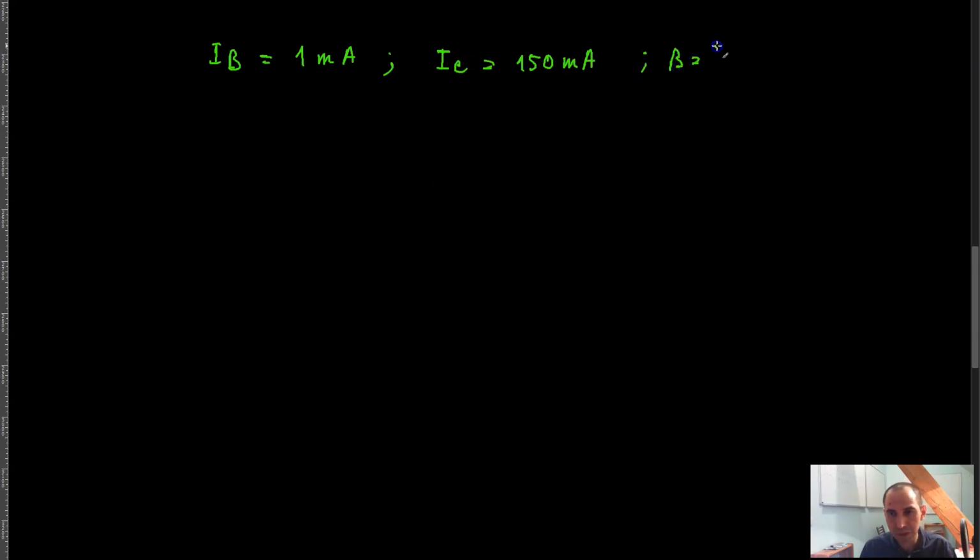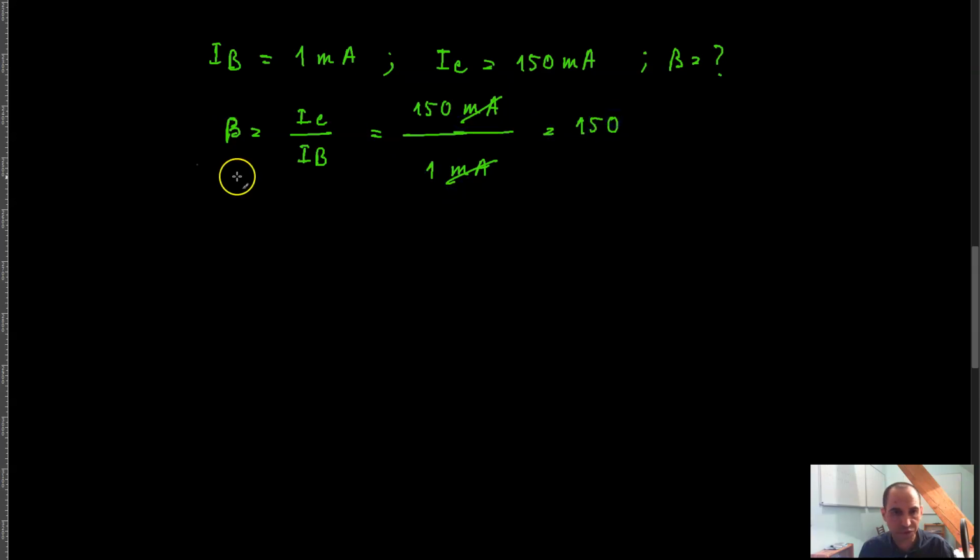What is your beta? You know that your beta is equal to I_C over I_B, which in this case is 150 milliamps over 1 milliamp. Milliamp and milliamp cancel out. That's equal to 150. That means that your beta is equal to 150. So that means that your collector current is always going to be 150 times your base current, right?